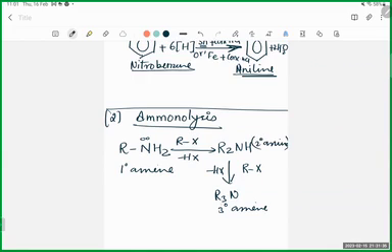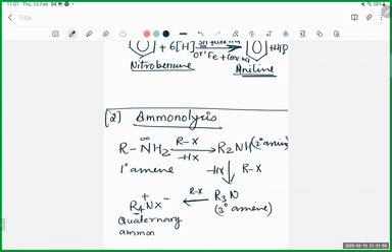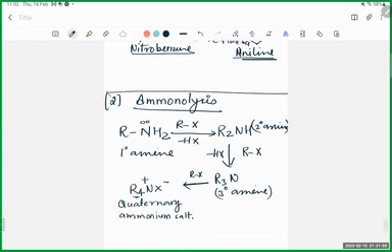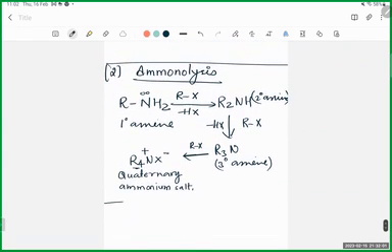And then the 3 degree amine can again be treated with RX, but there is no hydrogen, so it will not release HX. Instead, it will form the salt, which is called the quaternary salt. Four are there, so we call it quaternary ammonium salt. Is it clear?